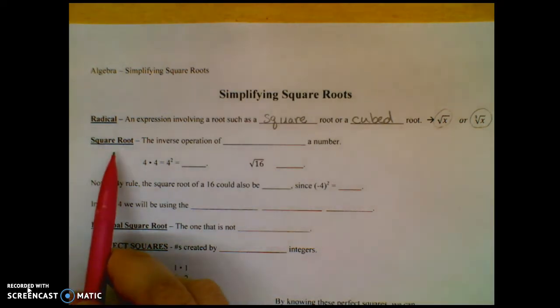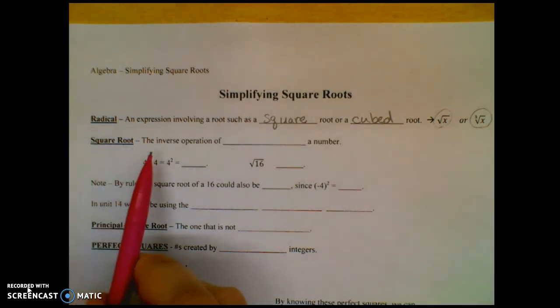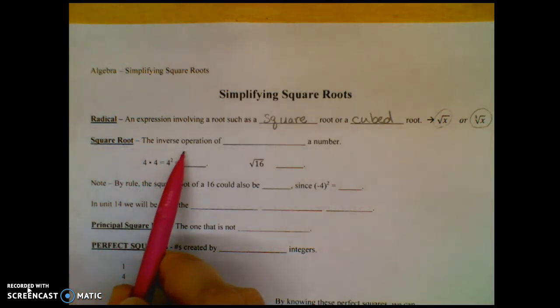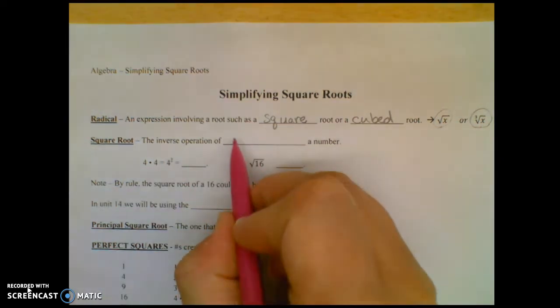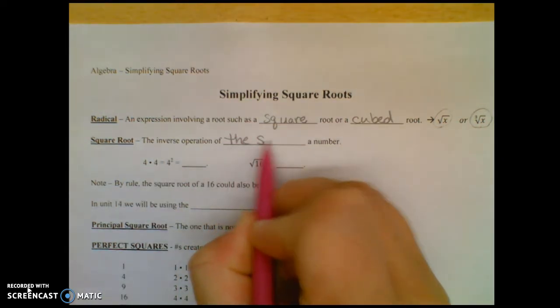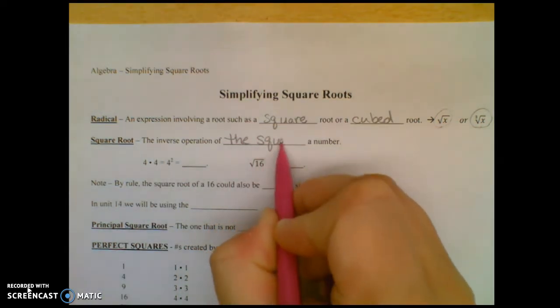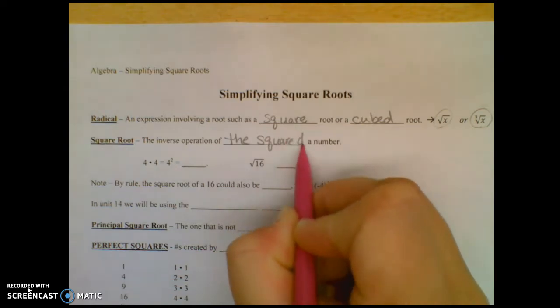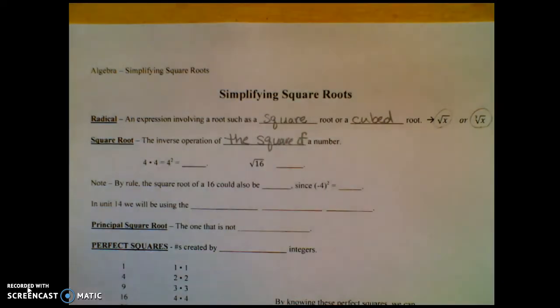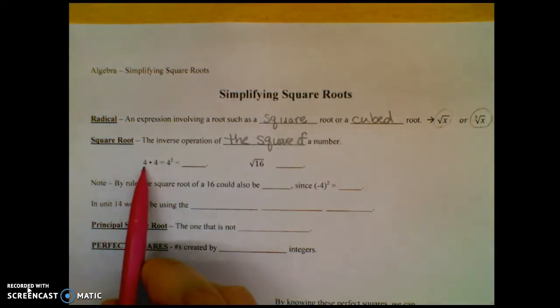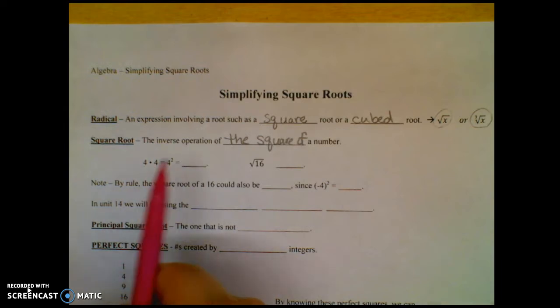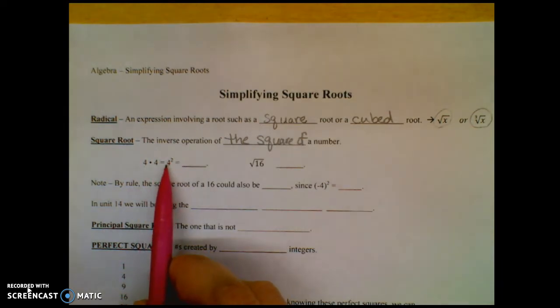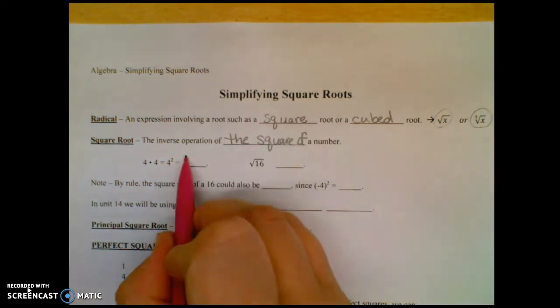So let's start with the definition of a square root. This is the inverse operation of the square of a number. So for instance, 4 times 4 is the same as 4 squared, which is 16.